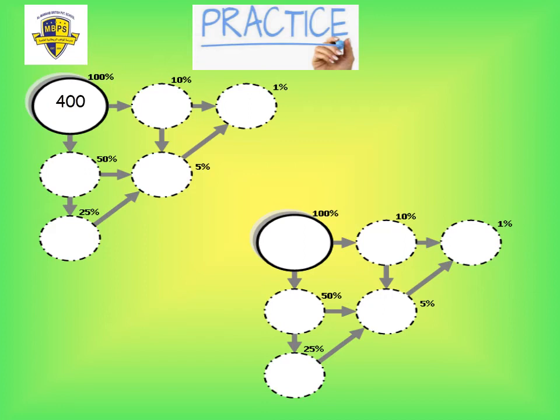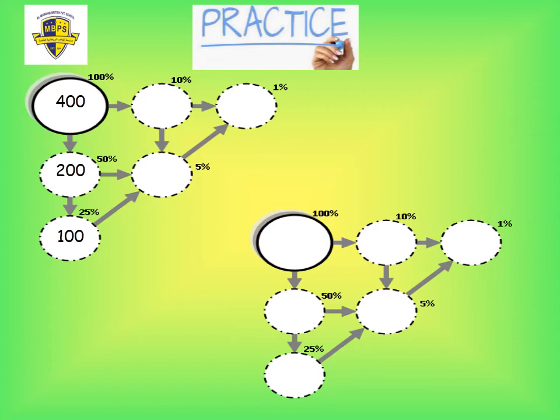The first one, 400. I want you to tell me what is 50% of 400, or in another word, half of 400. Excellent, 200. Now we want to find 25% of 400. To find 25% of any number, we divide by 4. So 400 divided by 4 equals 100, or half of 200, this is 100.